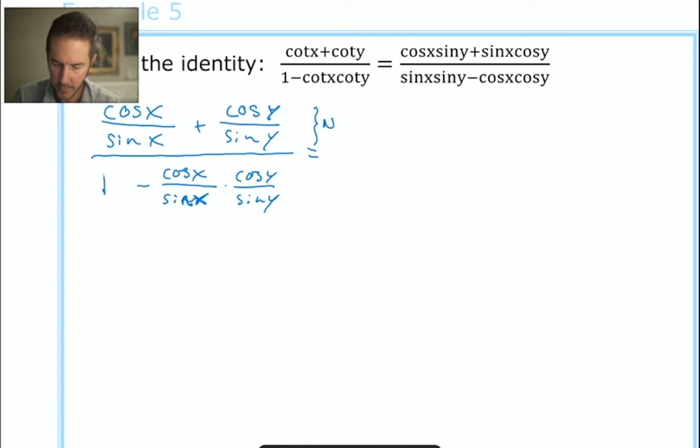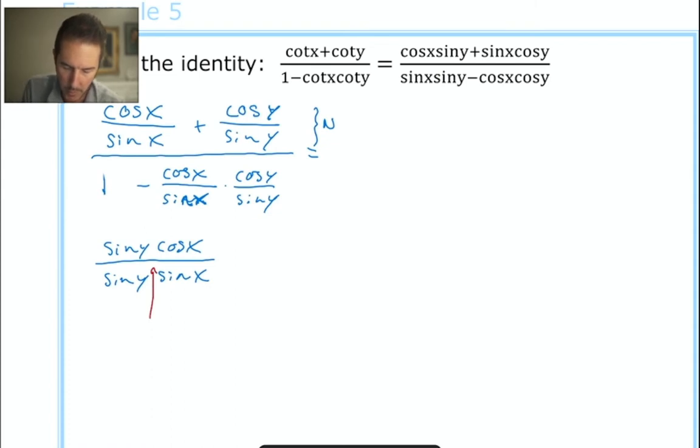I'm going to multiply my first fraction by sine y over sine y. I didn't actually put the little multiplication symbol here and write this as two separate fractions.